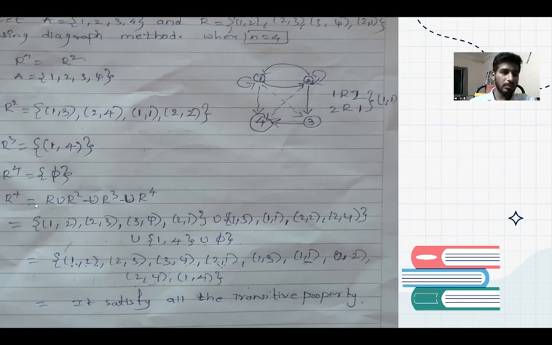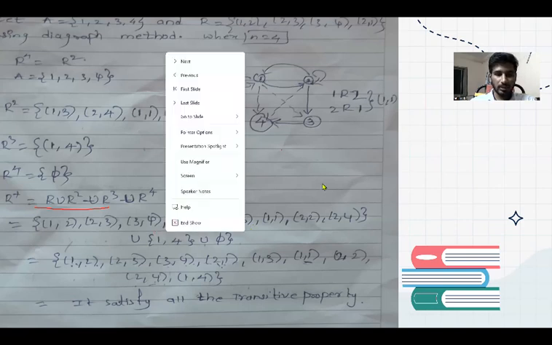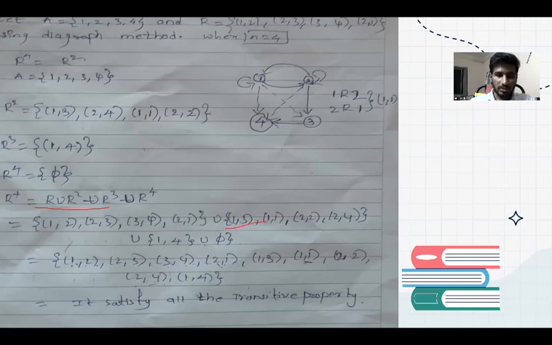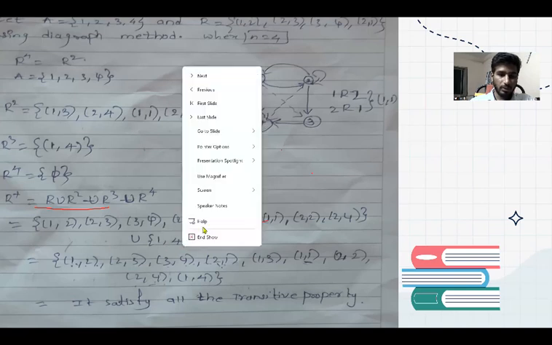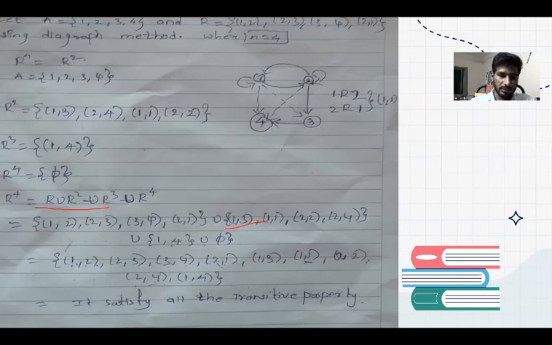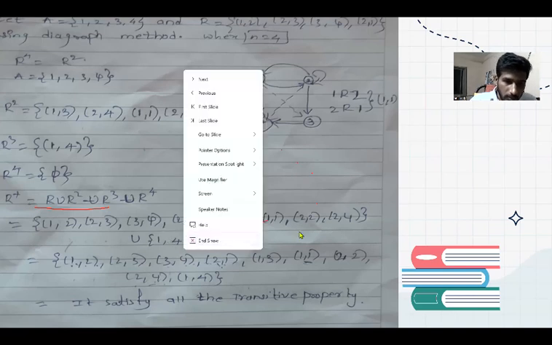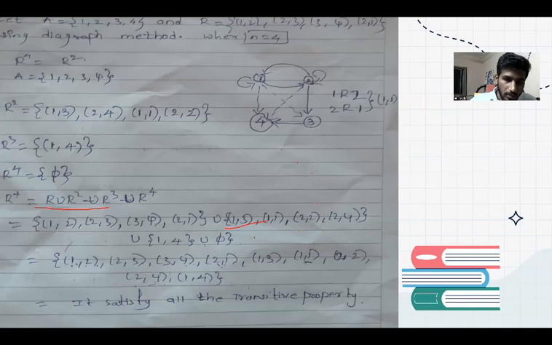And we know that we can replace R plus with R union R square union R cube union R power 4. So we can represent (1, 2), (2, 3), (3, 4), (2, 1). It is R, and it is R square, R cube. This is R cube. This is R power 4.